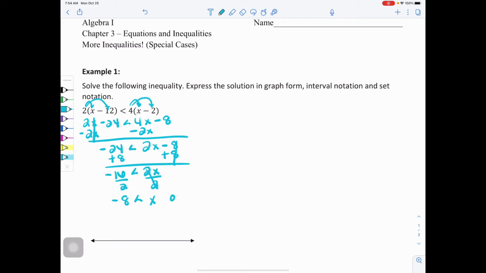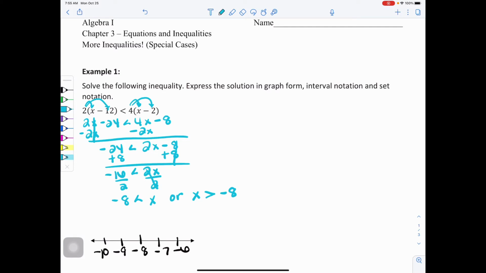So I am going to rewrite it the way that we feel is more friendly, which is the variable first. Make sure the inequality still remains true. So we're looking at x is greater than negative 8. So in graph form, I will make sure I have negative 8 in the middle, give a couple above, and give a couple below.